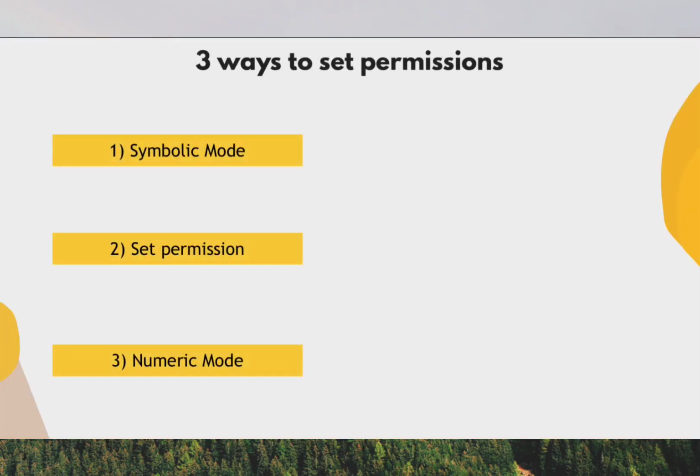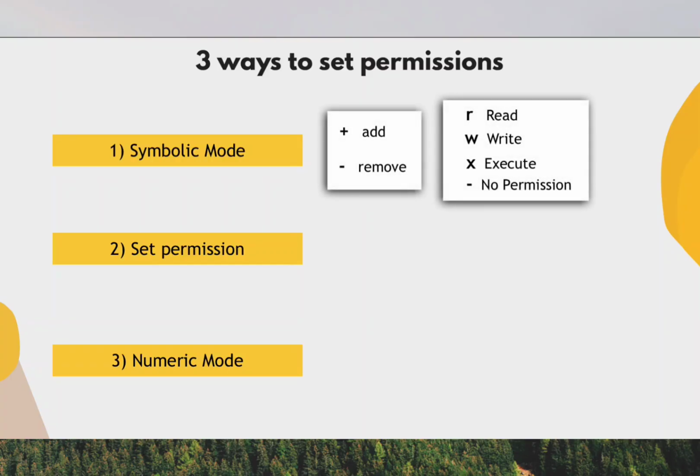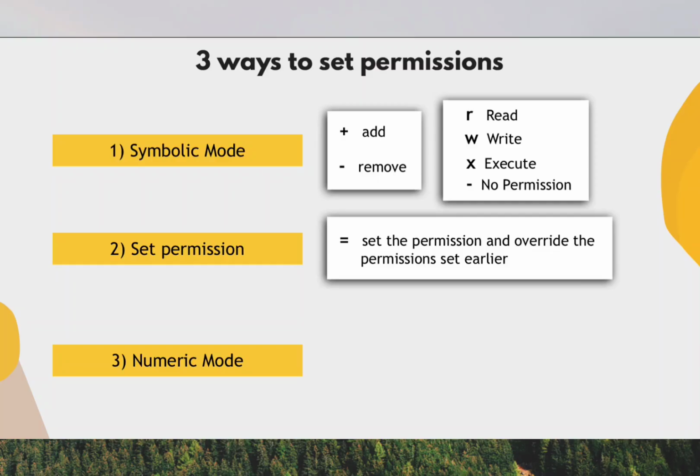So these are 3 ways of setting permissions for different owners. The first one is using symbolic mode by adding or removing individual permissions for each owner. The second one was just overriding the whole permission block, also with symbolic values.